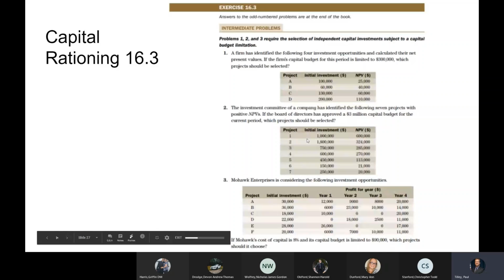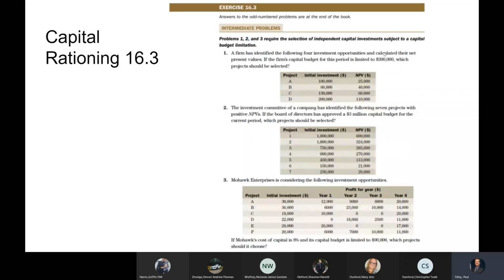A firm has identified the following 4 investment opportunities and calculated their net present values. In other words, they just did all the work that we just did on the projects, like we just looked at several of those projects. If the firm's capital budget for this period is limited to $300,000, which project should be selected?